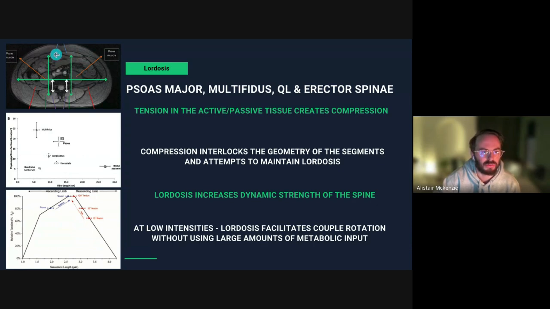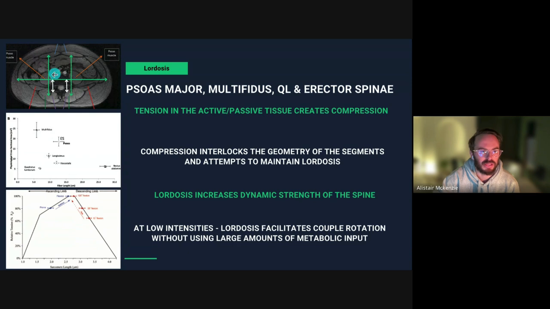We have the rectus abdominis at the front, a thin sliver of muscle with large lever arms. Likewise, at the back, we have the multifidus and the erector spinae here that counter the psoas major and have a small extension moment, but equally a large amount of tissue resistance to movement, viscoelastic kind of resistance to movement, not just the contractile properties.